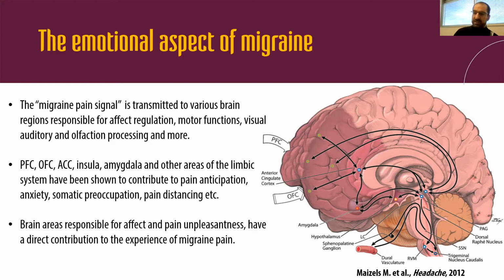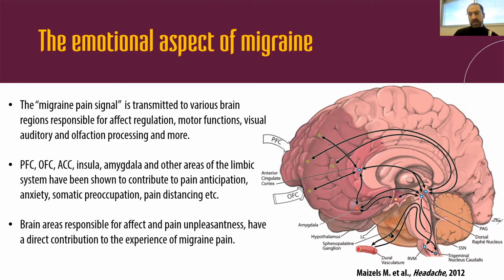So if we look at this image on the right, and of course you do not need to memorize all these different acronyms and brain areas, but just to let you know that there are many of these areas shown here in blue and red and green. Some of them are what we call the limbic system. All of those areas have been shown physiologically to contribute to the anticipation of pain, to the anxiety from pain, to being preoccupied with our bodies, and so forth.